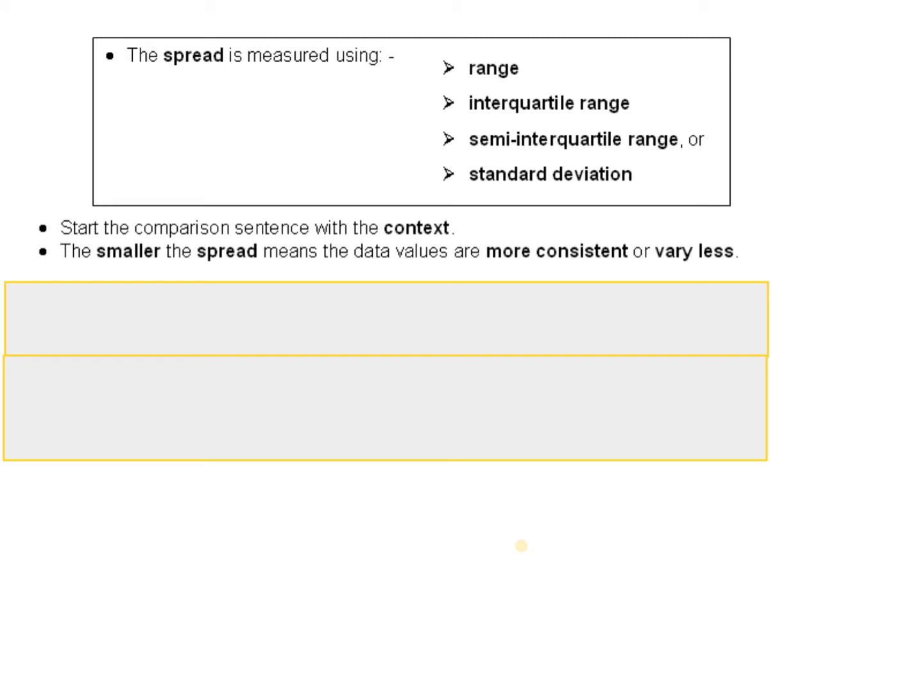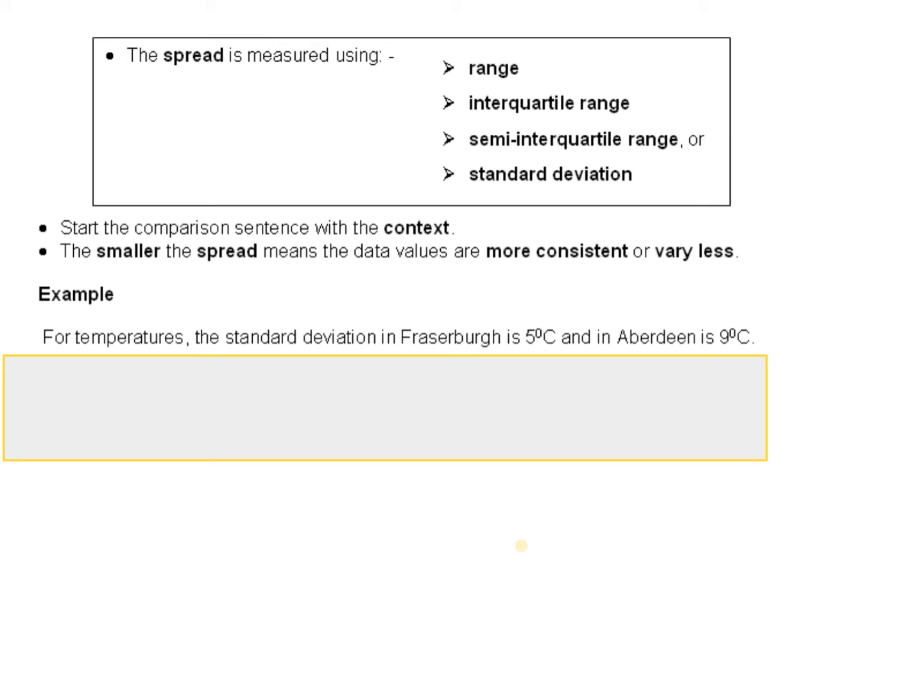Again, we need to start the comparison sentence with the context that we're working in. The smaller the spread means the data are more consistent, they're more tightly packed together, or they vary less. And the larger the spread means they're less consistent, or they're varying more because they're more spread out. So sticking with Fraserburgh and Aberdeen, for temperatures, the standard deviation in Fraserburgh is 5 degrees C and in Aberdeen it is 9 degrees C. So what does that mean? The standard deviation is a measure of spread.